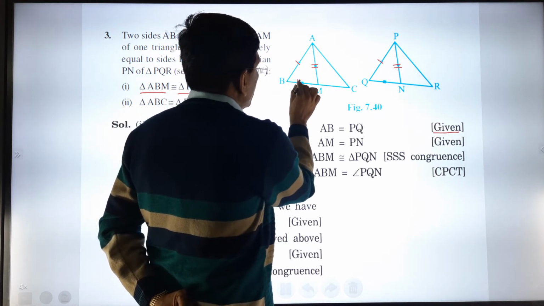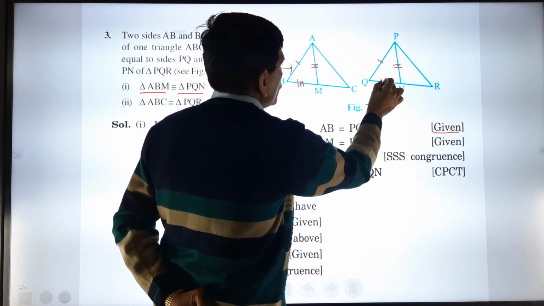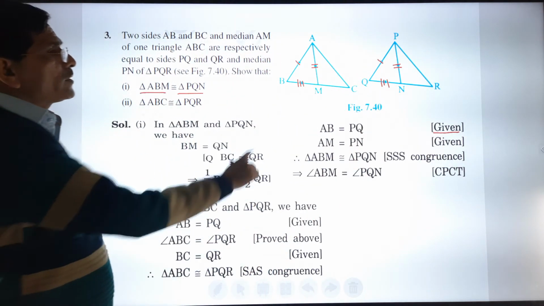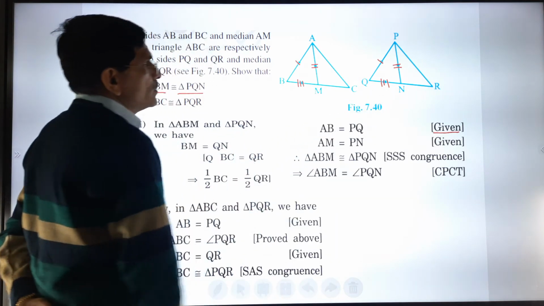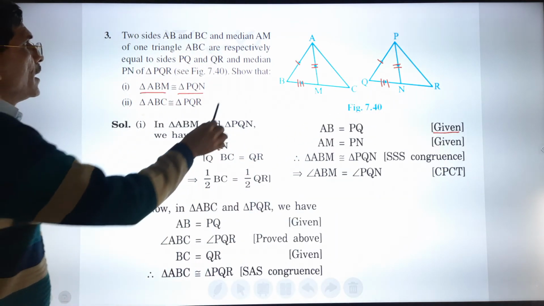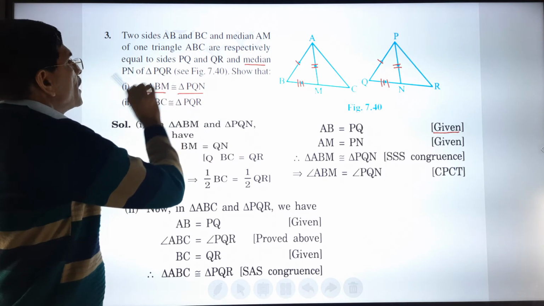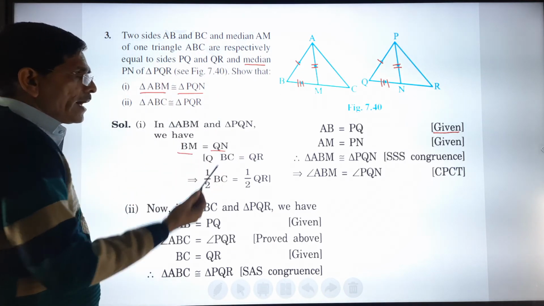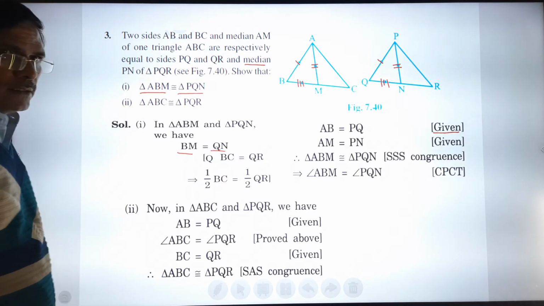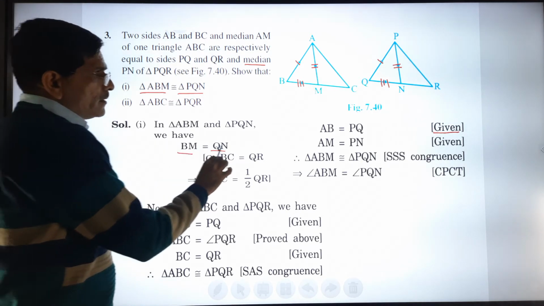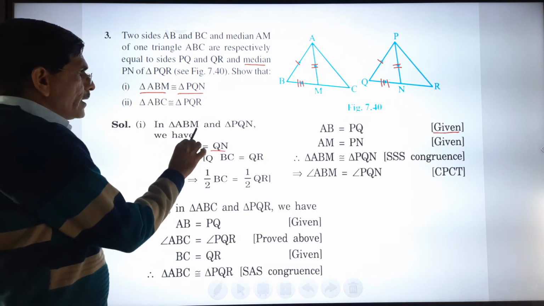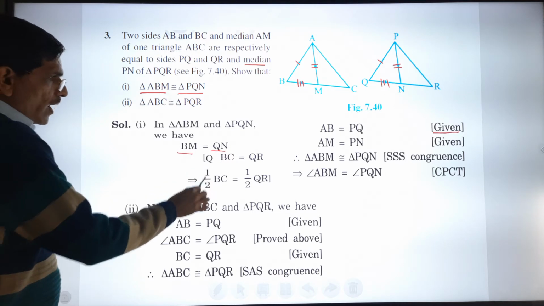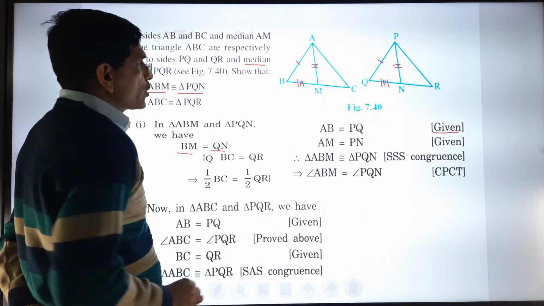BM is equal to QN. We cannot write it directly, but we know that BC is equal to QR, and these are medians, so BM is equal to QN. Why? Because in triangles ABM and PQN, BM is half of BC and QN is half of QR.